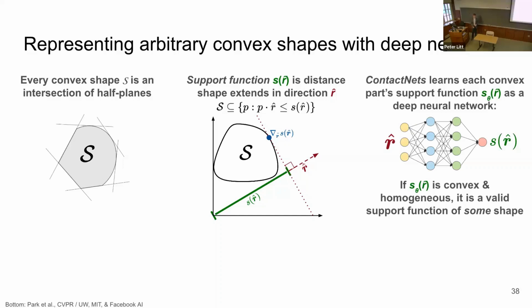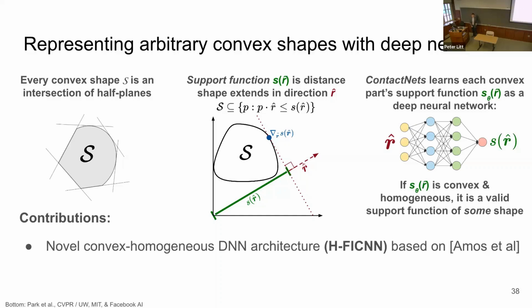And it's well known that if the neural network or the function you're learning is both convex and positively homogeneous, then it is a valid support function for some shape. And specifically, we've defined a novel neural network architecture that is guaranteed to be convex in its input and positively homogeneous, extending some earlier work on convex neural networks.